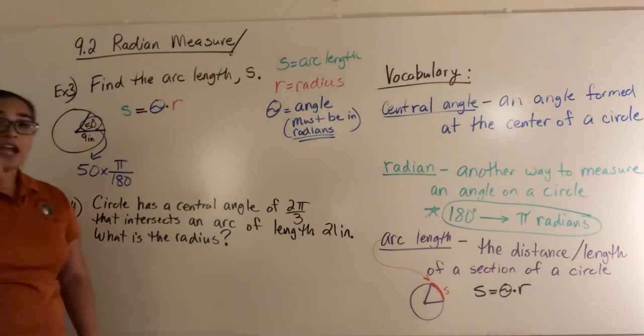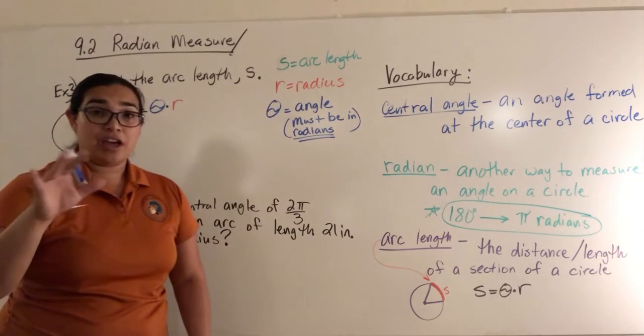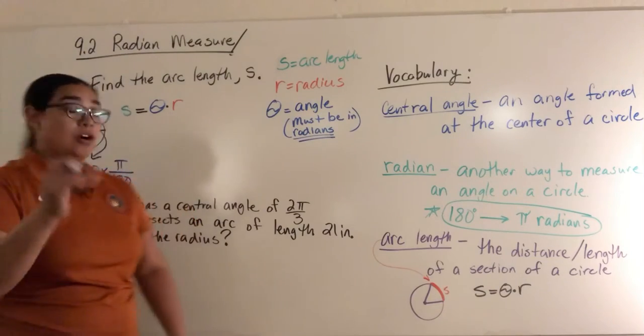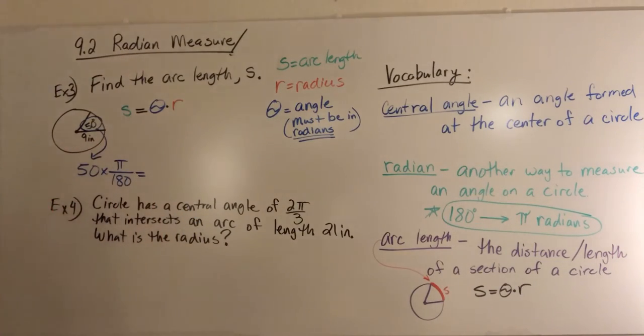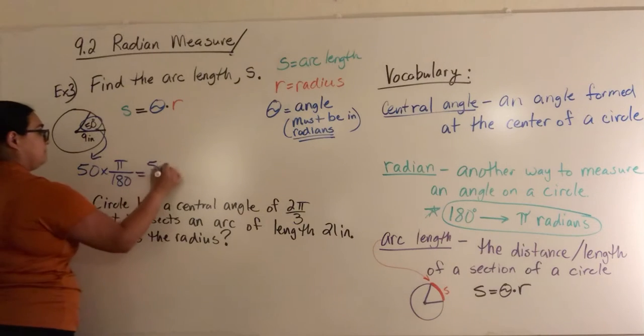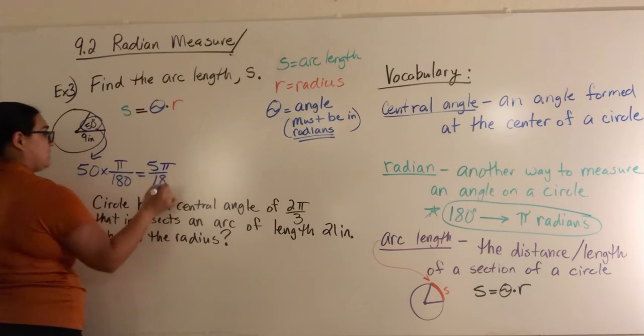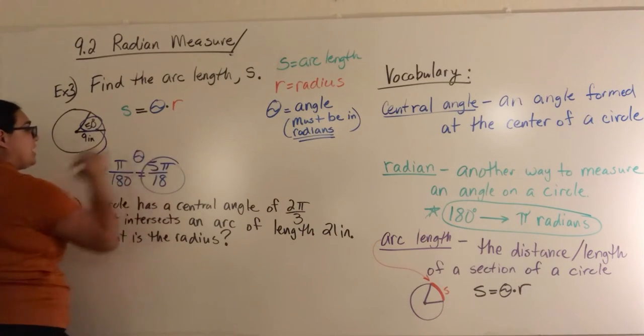You can type that into your calculator. I like to leave it with the pi on it. So again, I'm not going to get a decimal here. I'm just going to work that out. If I were to work that out, I would end up with 5 pi over 18. Okay, this is going to be my theta.